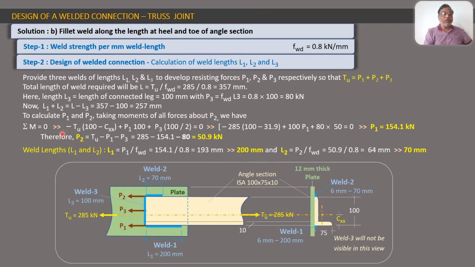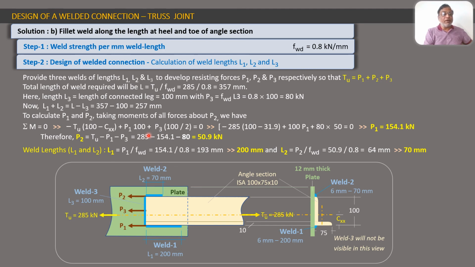So this term remains the same. Second is P1 into 100, moment of force P1 about P2. Distance is 100, and it is going to be clockwise about P2. So this was the second thing that we got.